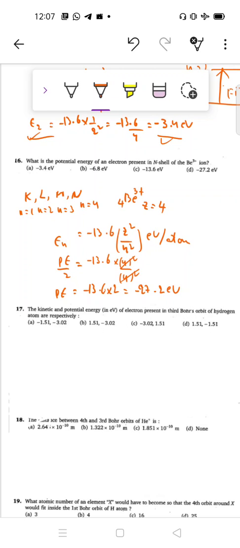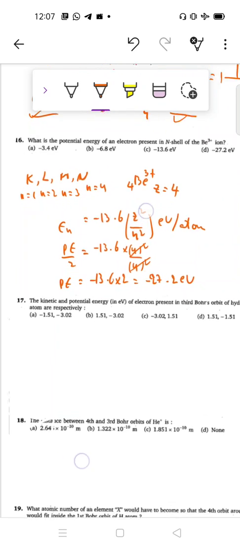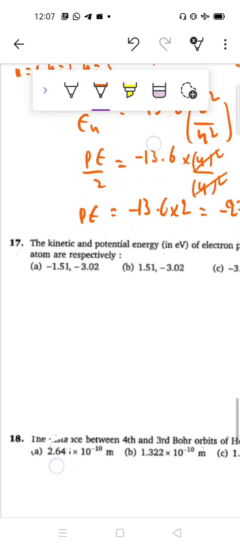Let us focus on the problem. We know n is equal to 3. We know the energy En is equal to Ke plus Pe, is equal to minus Ke, is equal to Pe by 2.